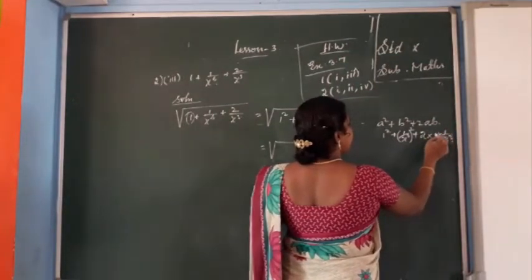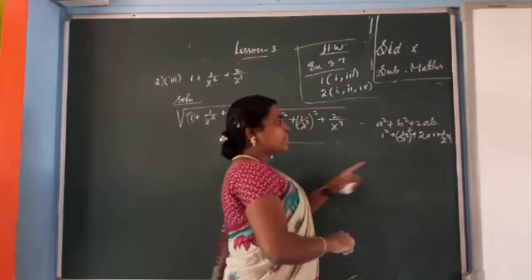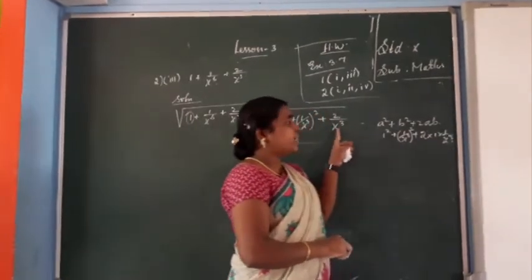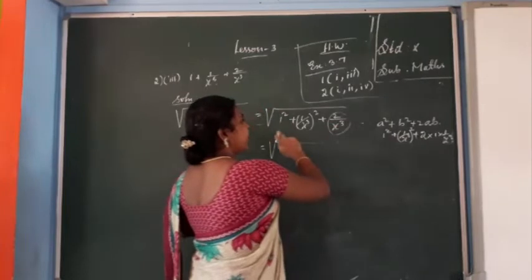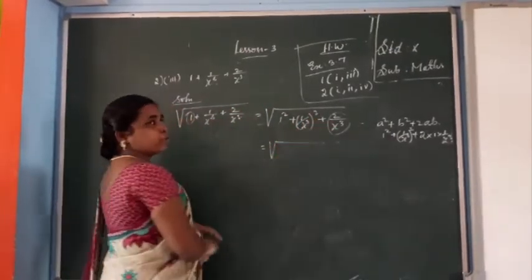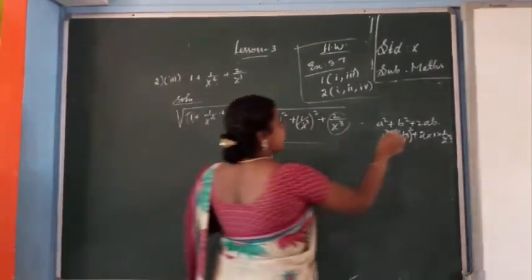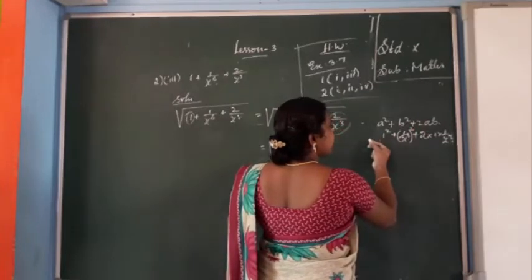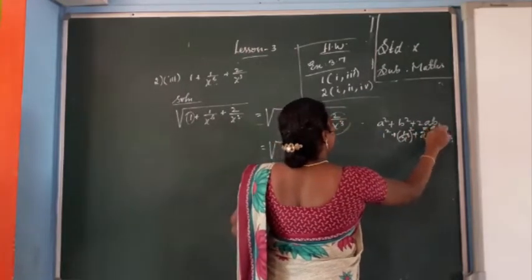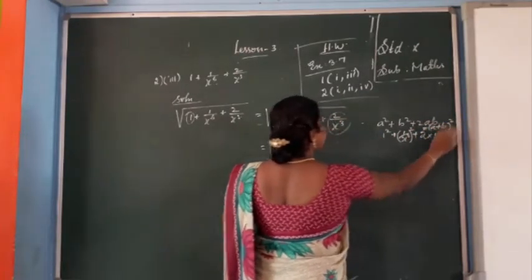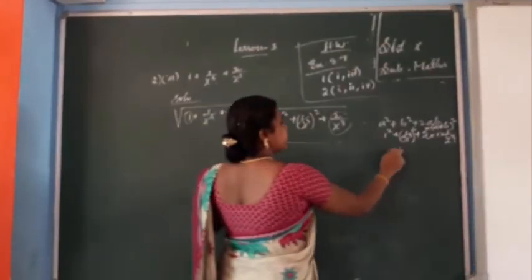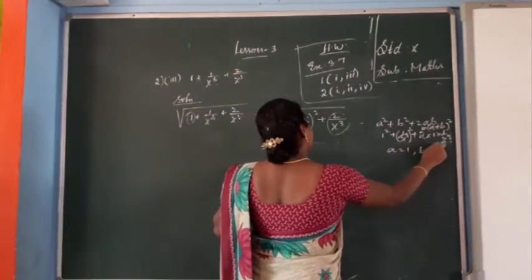Multiply, 2 into 1 into 1 is 2, and in the denominator x cube. So it is in the form of a square plus b square plus 2ab. So shortly we can say a square plus b square plus 2ab equals a plus b the whole square. Here a is 1, b is 1 by x cube.